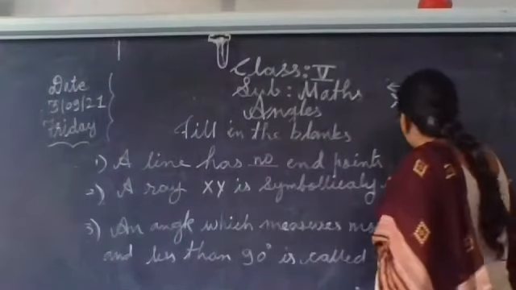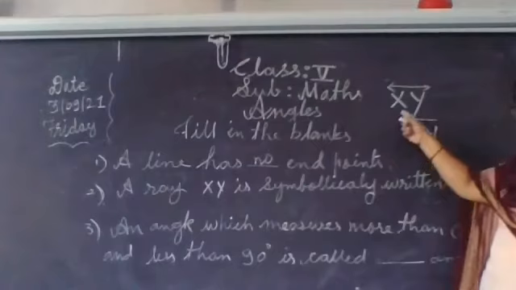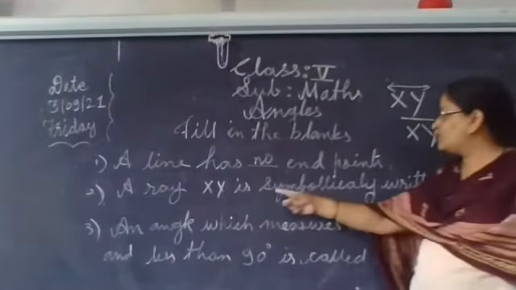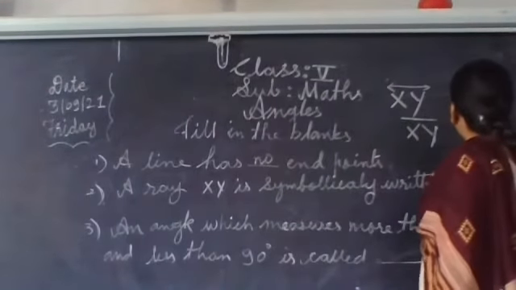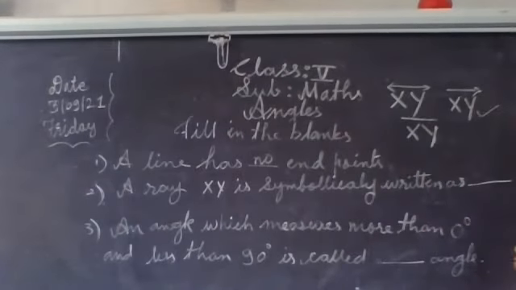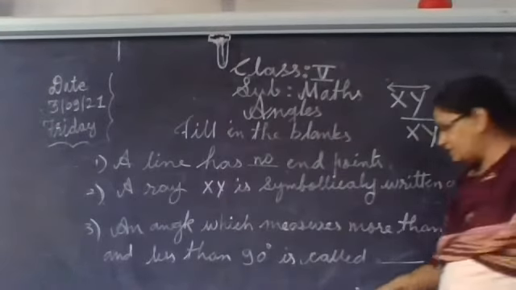If XY is a segment, a bar is written over XY. But our question is XY is a ray, so we will show it symbolically like this. You have to draw a small ray over this XY. Got it, children?